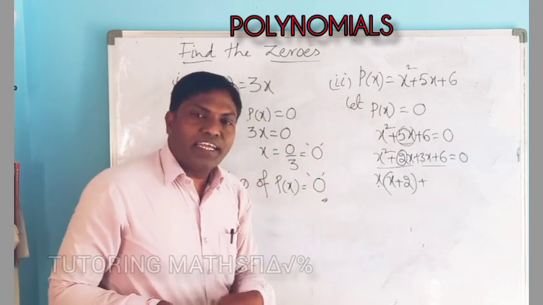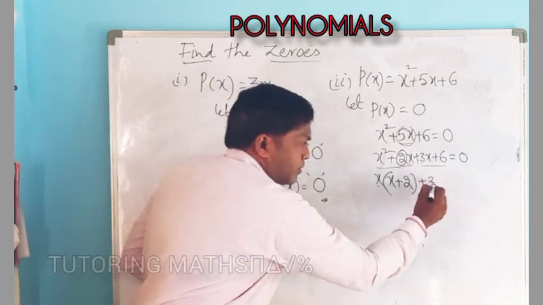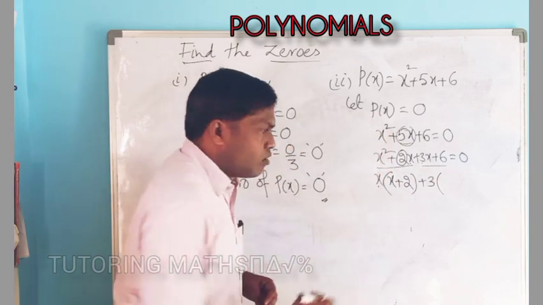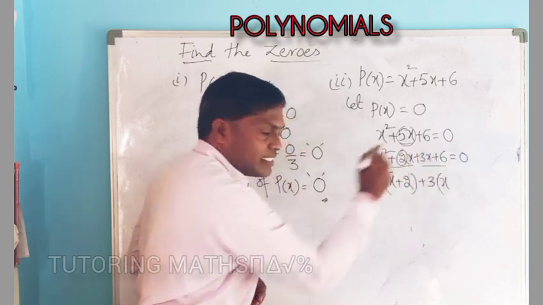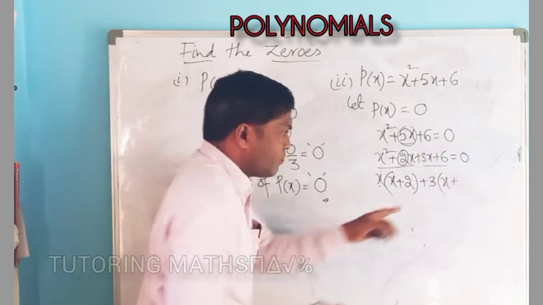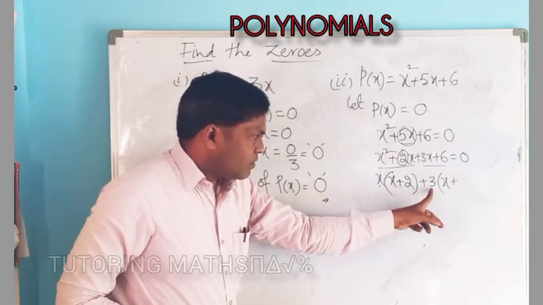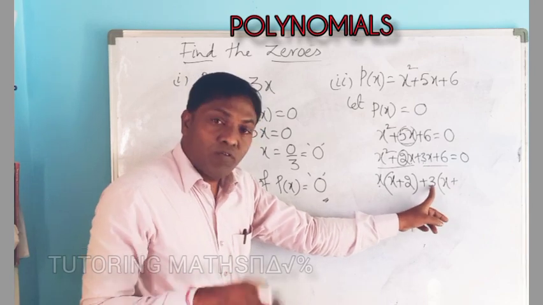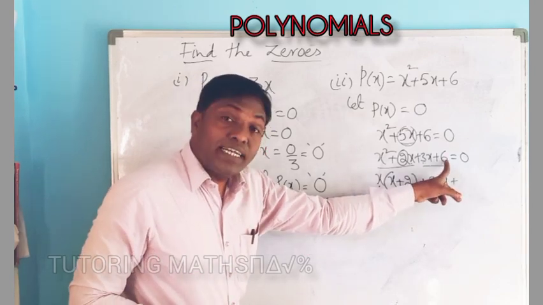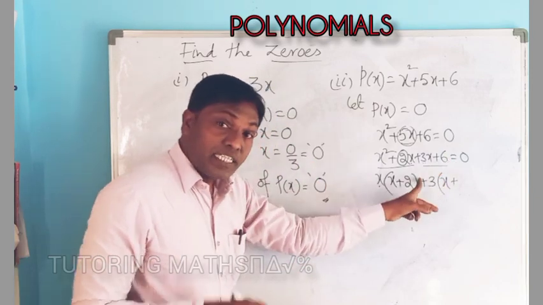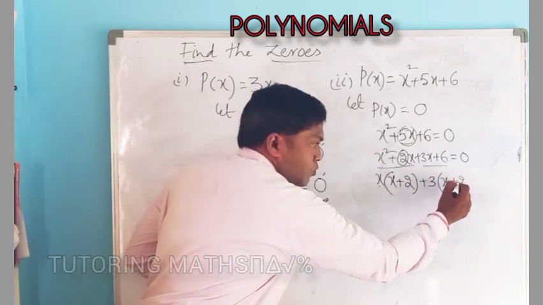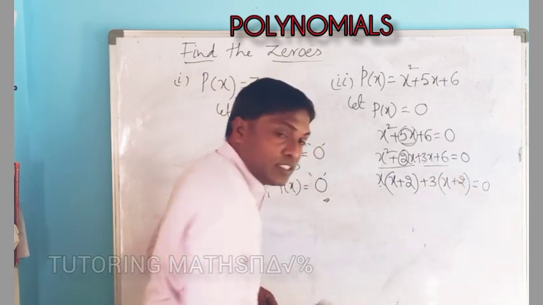Therefore, you can take 3 as common. Then 3 ones are 3, 3x, plus, now 6: 3 twos are 6. To get 6, 3 should be multiplied by 2, and that is equal to 0.